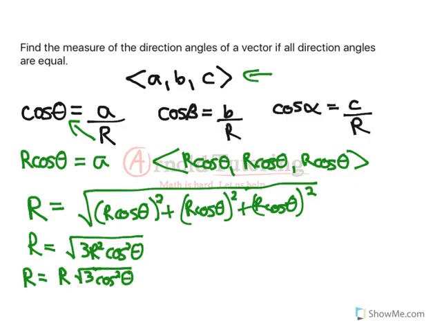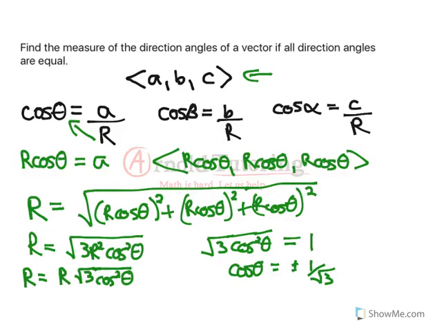The r's can cancel, so we can now say root 3 cos squared theta equals 1. And now we can just simply do cos theta equals plus or minus 1 over root 3.